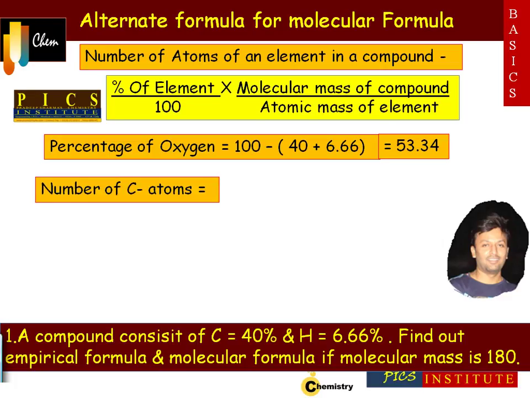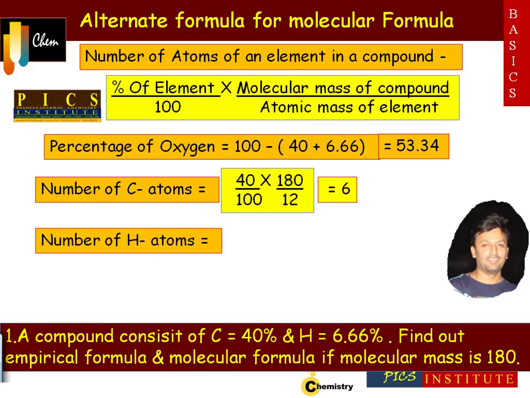Use the above formula, that is percentage of element into molecular mass divided by 100 and atomic mass. So 40 is the percentage of carbon, 180 is the molecular mass given in the statement, and 12 is the atomic mass of carbon. After solving, the number of carbon atoms is 6.